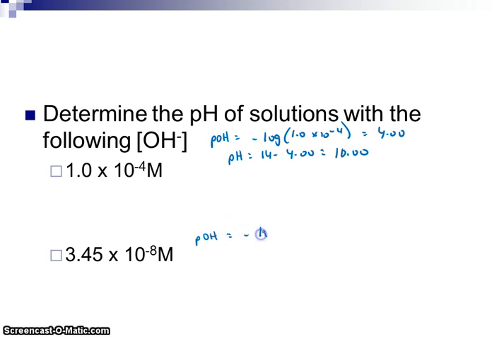So the negative log of 3.45 times 10 to the minus 8 is going to give me 7.462, and then my pH is going to be 14 minus 7.462, and that's going to give me 6.538. My solution is acidic.